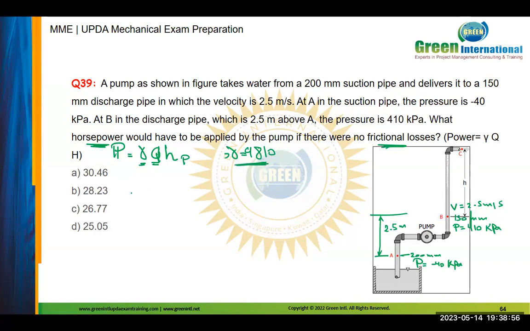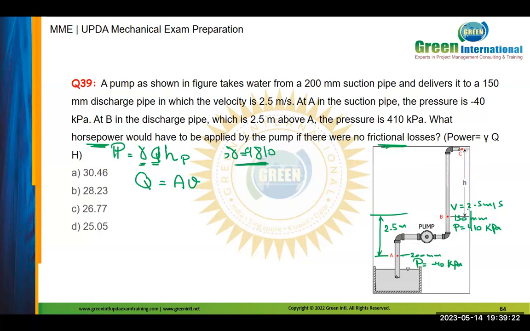Great. What else? Q and head of pump. Q is the flow rate, which you can get by continuity. How to get it? By continuity: A V. Do you have the velocity?